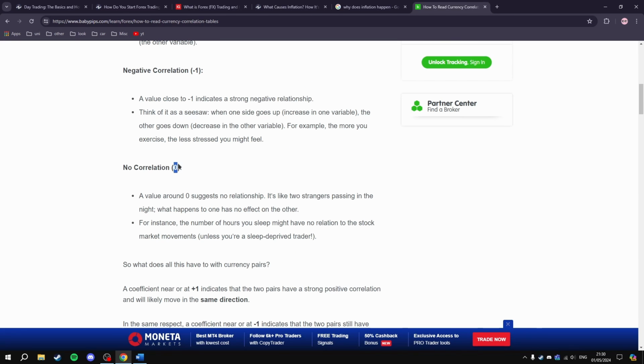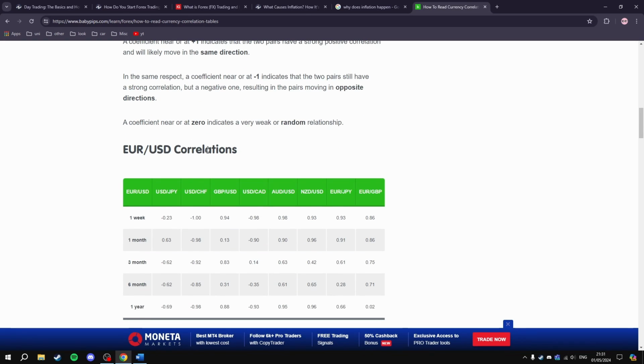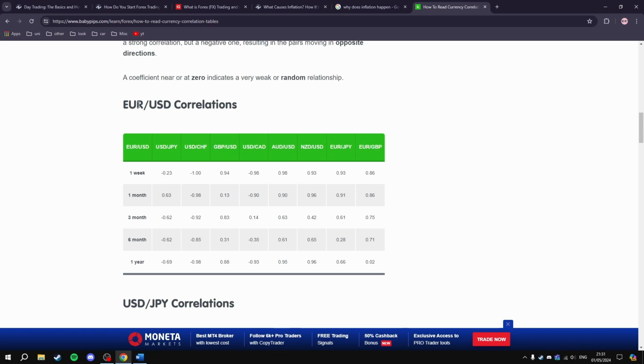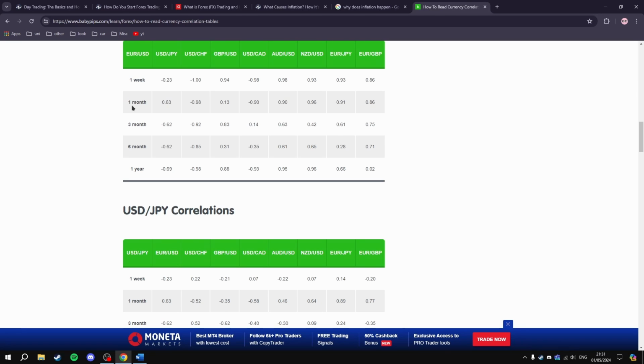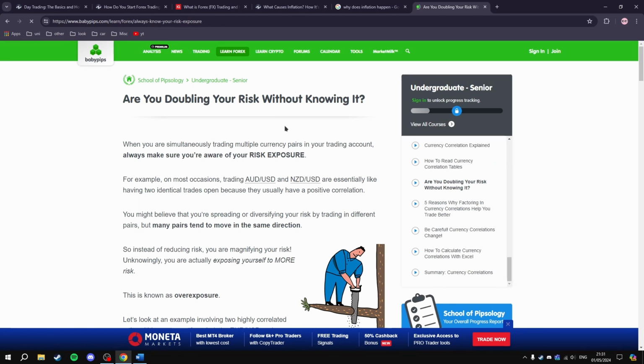No correlation, with a coefficient of 0, means it's completely random. One may go up, the other may go up or down, who knows. So that's that, and then we went through each of the currency correlations, one currency pair in correlation with another currency pair over, was it 1, 2, 3, 4, 5 different time periods. And yeah, so now we're on to, are you doubling your risk without knowing it?